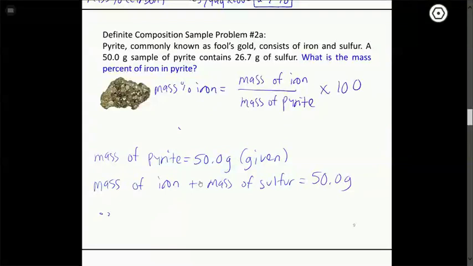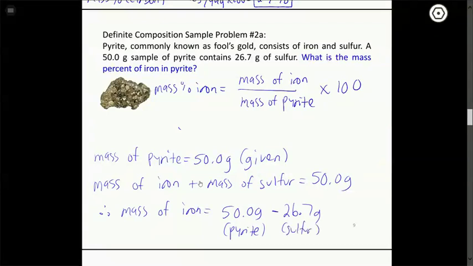So if we want to find the mass of iron, you have 50.0 grams of pyrite, and then we subtract out the mass of sulfur that part of it consisted of, and that means we have 23.3 grams of iron.